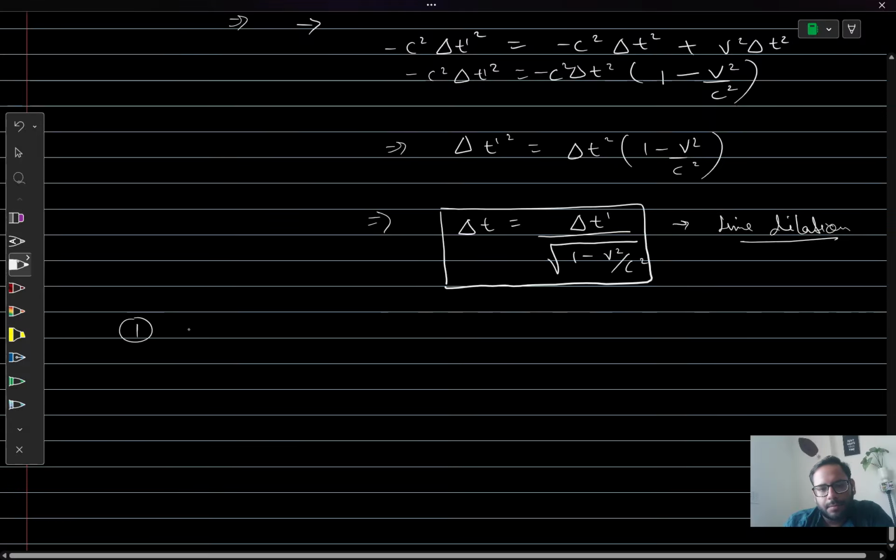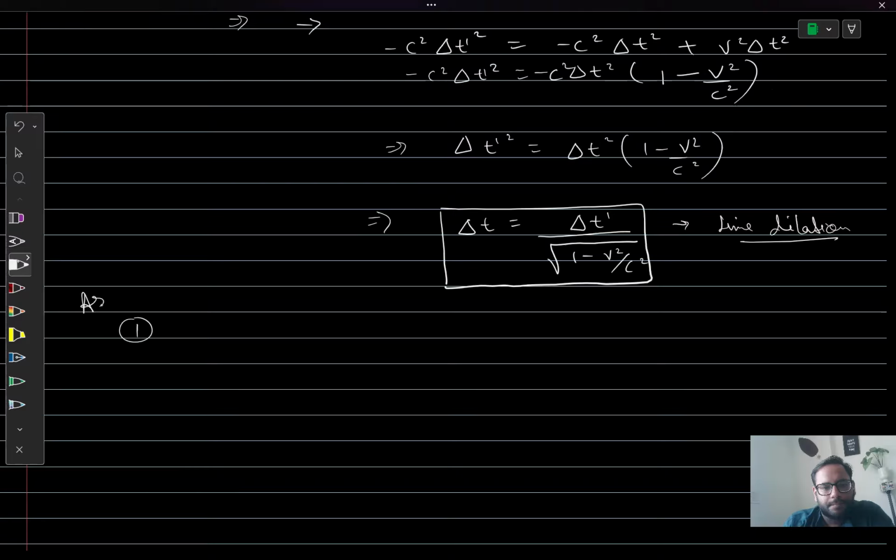Let's assume, first, constant speed of light to derive this.